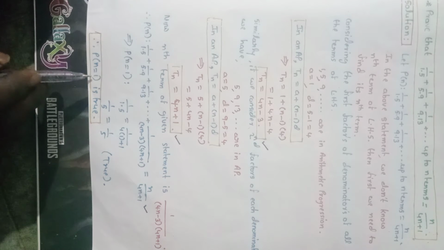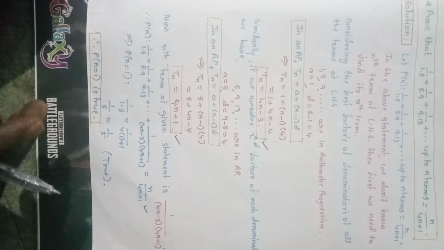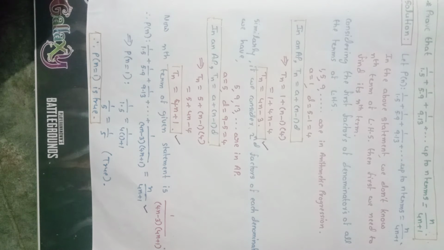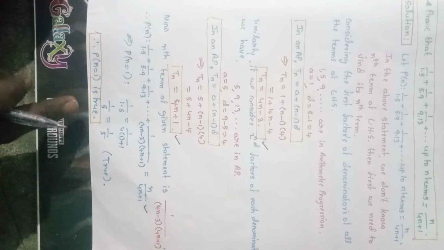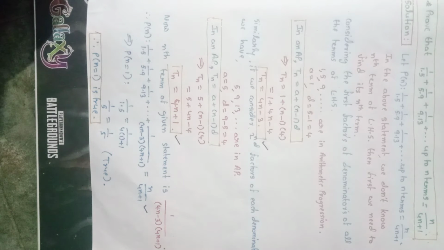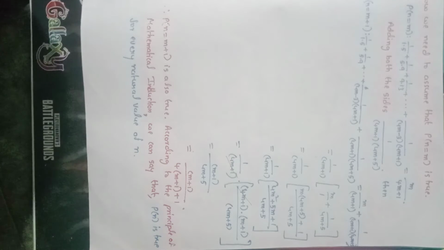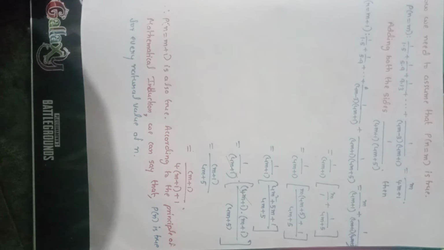That means P of n for n equal to 1 is verified true. So we have successfully completed the verification of the statement. It is true for the value of n equal to 1. Now we already proved P of 1 is true.